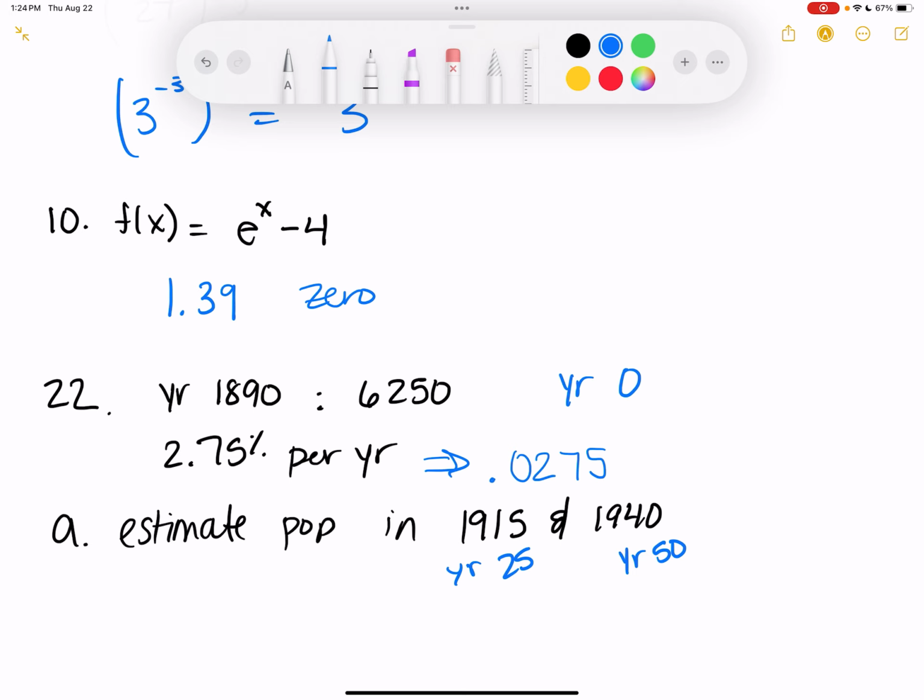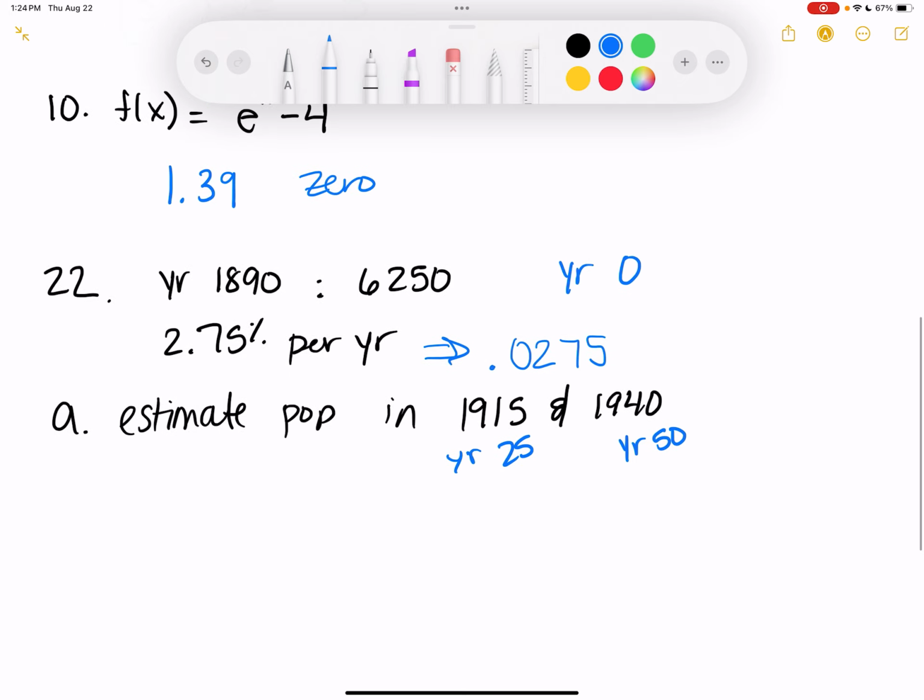You know what that is? Okay. So the formula that we need is P of T equals P times 1 plus R raised to the T.